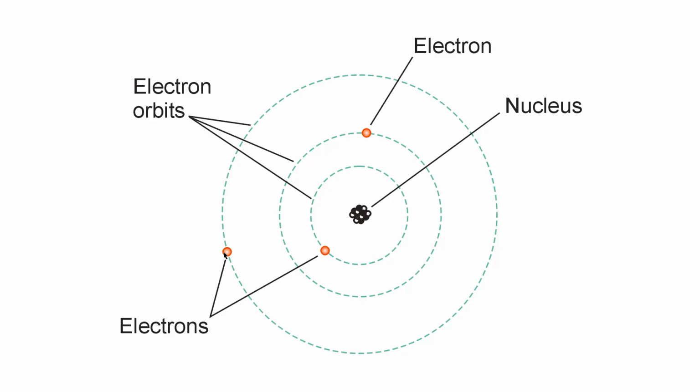And then negatively charged electrons would orbit the nucleus, just like planets orbit around the sun, probably all in a single plane, so that it was more or less like a little solar system.